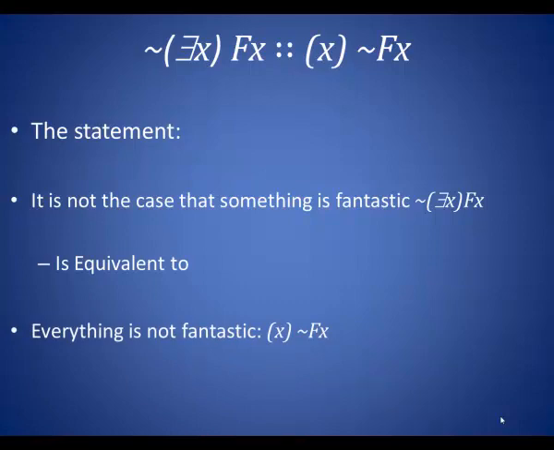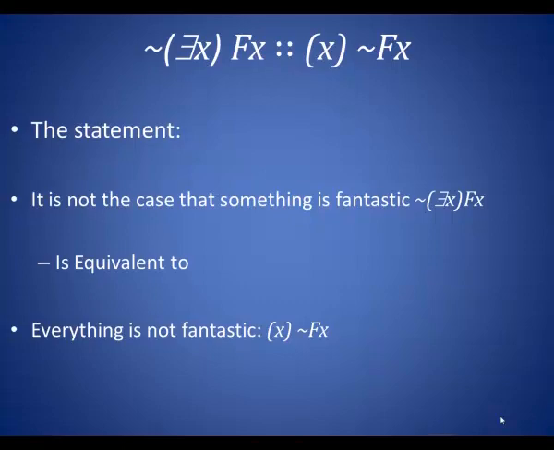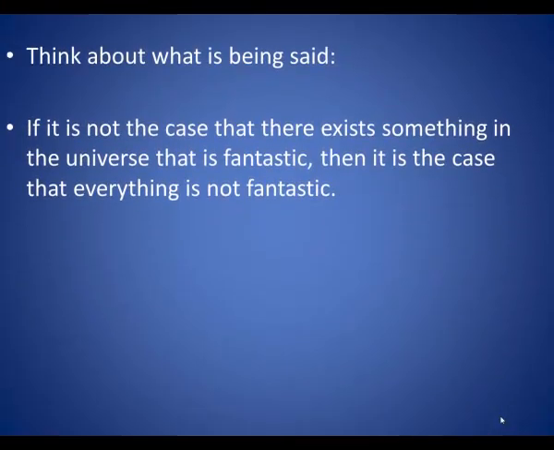So, on the left side, what that statement translates as is it is not the case that something is fantastic. On the right side, our universal statement says everything is not fantastic. For all X, X is not F. So think about it for a second. If it is not the case that something is fantastic, then of course everything is not fantastic.